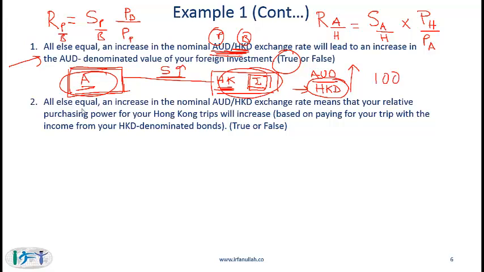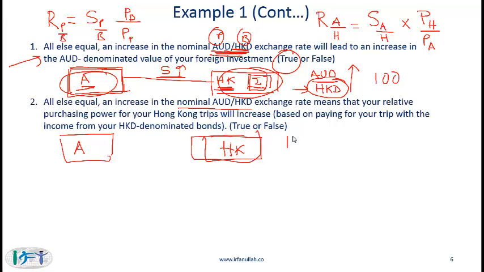Next question. All else equal, an increase in the nominal AUD Hong Kong dollar exchange rate means that your relative purchasing power for your Hong Kong trips will increase based on paying for your trip with the income from your Hong Kong dollar denominated bonds. This is slightly tricky. Again, the client is based in Australia, makes several trips to Hong Kong, but the cost of the trips is paid using Hong Kong dollars, and this money is coming from the investments in Hong Kong.